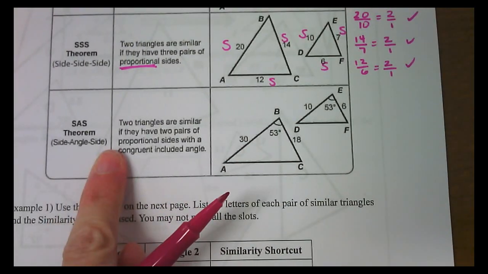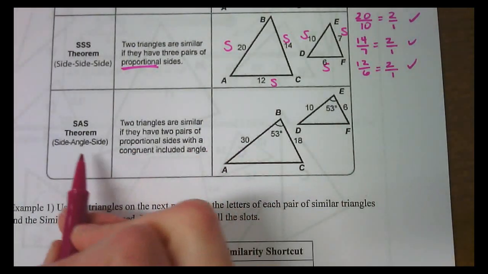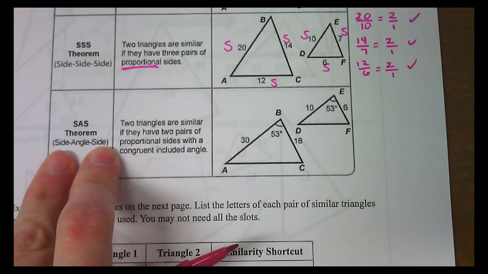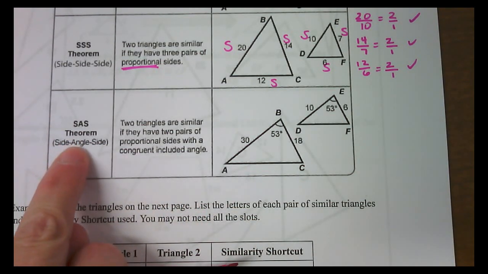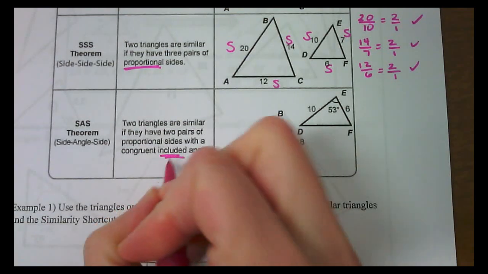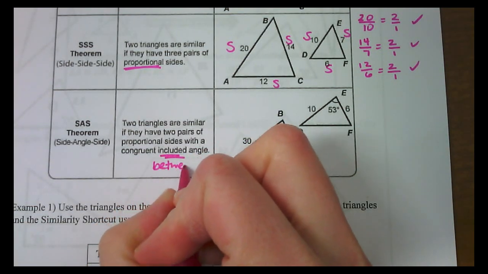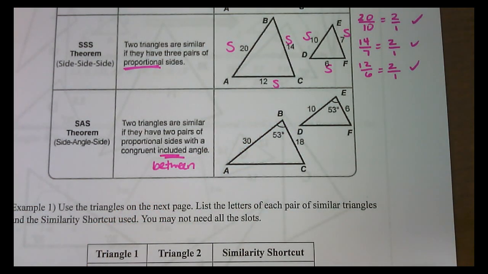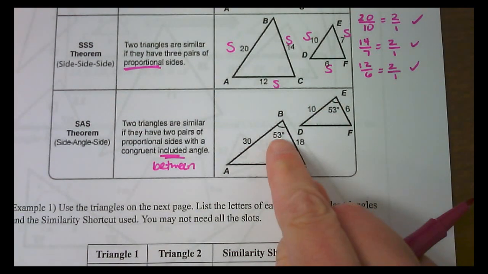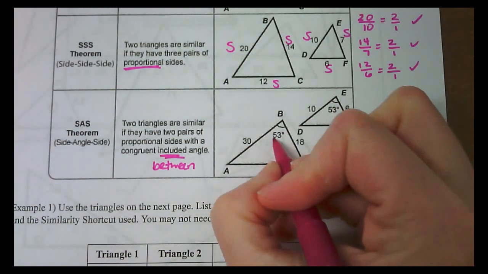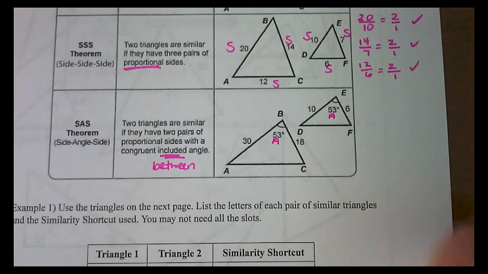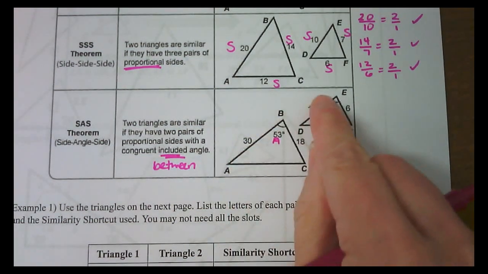This one, side, angle, side, is saying that there's 2 sides that are proportional and the angle that's included, which means between the sides, is the same. So in this picture, B and E are the same. So that's the angle I would mark with an A. And then we're looking at the sides.